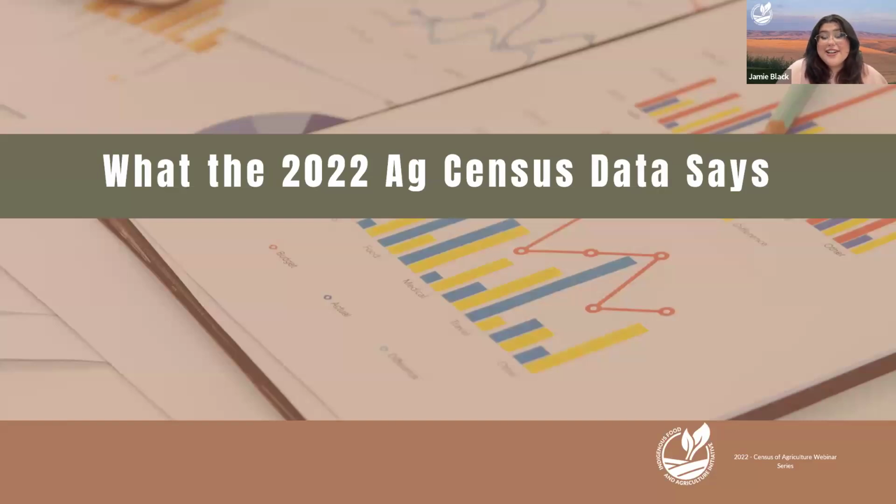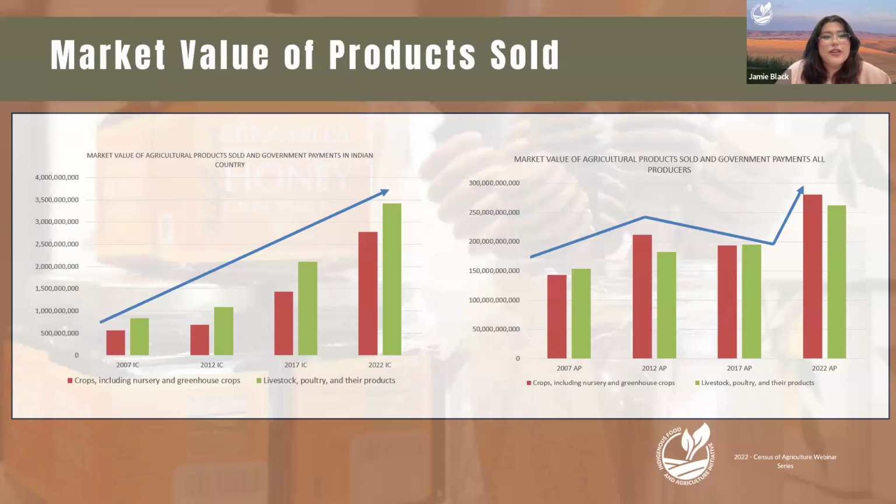So now that we've established the definitions and why this is important, let's go into the actual weeds of the data of what the 2022 Ag Census said. So the market value of all the products sold compared to previous years, Indian country has been showing steady growth.